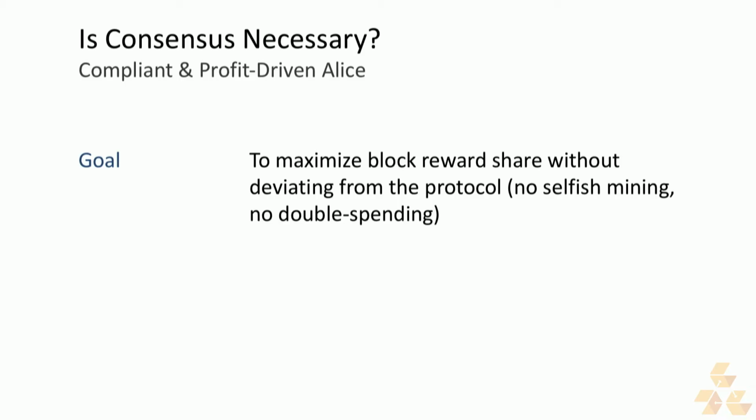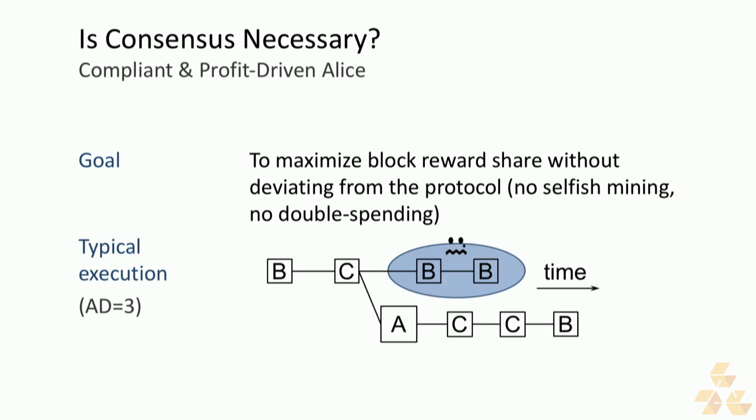So the first incentive model. The goal of compliant and profit-driven Alice is to maximize the block reward share without deviating from the protocol, namely no selfish mining, no double spending. Here's a typical execution. Alice mined a block of EB Carol so that Carol will think of it as a valid block and keep mining on top of it, whereas Bob will reject the block.